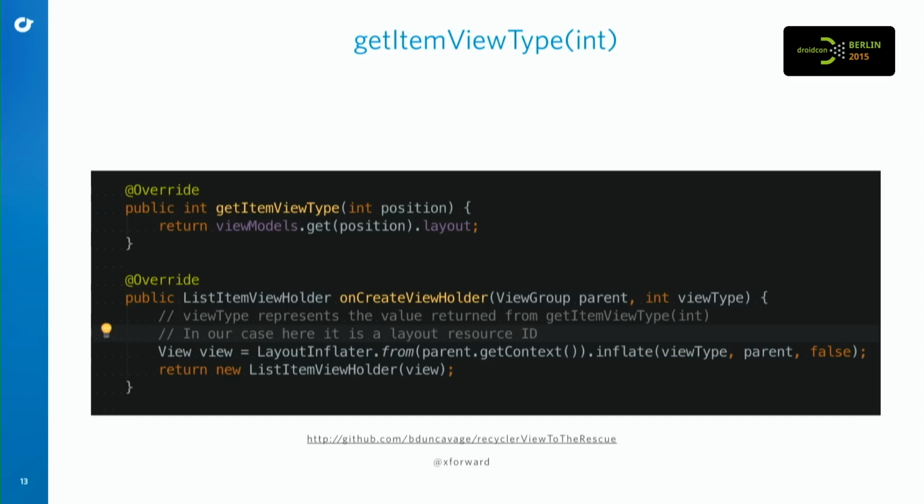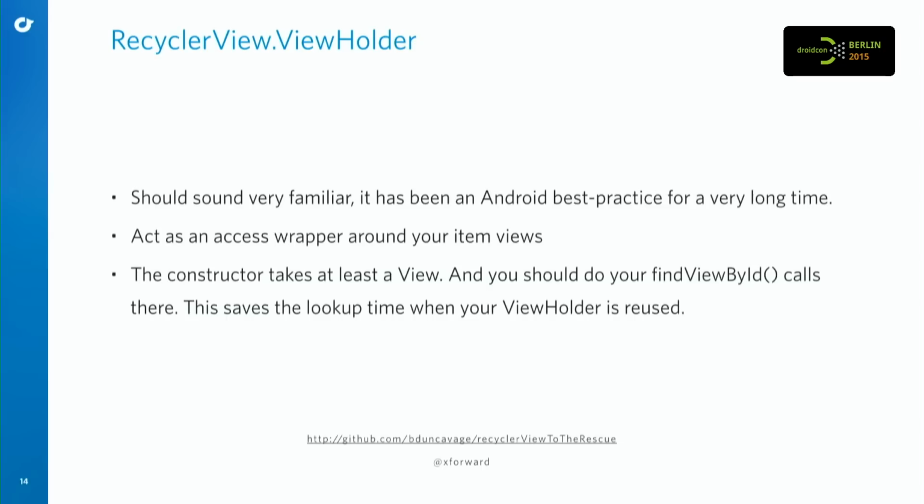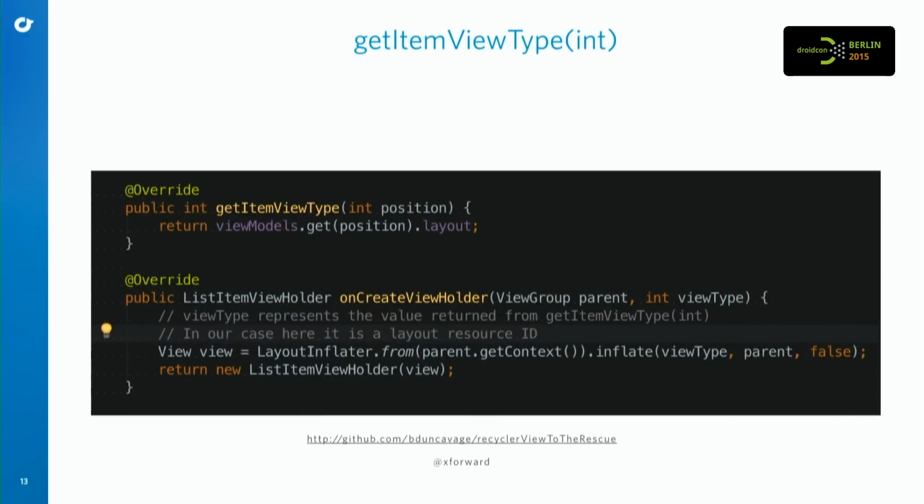So there's no looking up, oh, what view do I need here, whatever. You've already answered that question for the view at that position. It's telling you at this point, I need this view created for me. So also note that there's getItemViewType, but there's no getViewTypeCount.